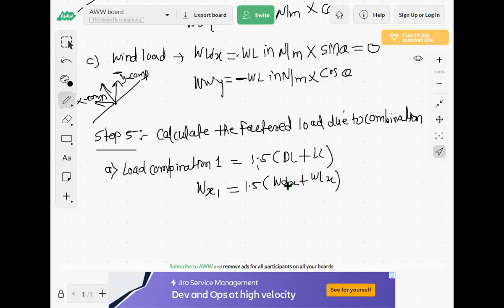This is correct. So dead load in X direction and live load in X direction, addition of these two loads with factor is the first load combination in X direction.